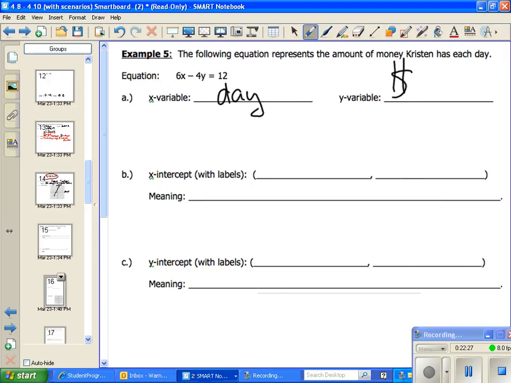Okay, x-intercept. Christina, where do I put 0? For x-intercept. Okay, when you say right, what does that mean? Give me letters. Is that x or y? Okay, good. You put 0 in place of the y. So you write your equation: 6x minus 4 times 0 equals 12.